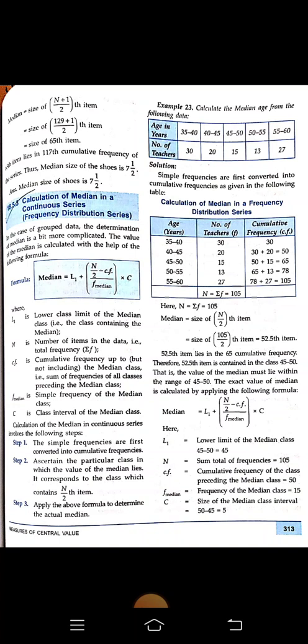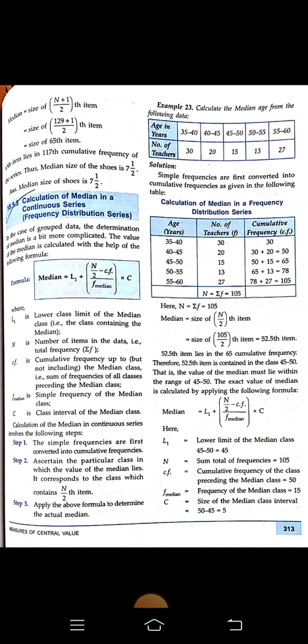You can see that. We are checking in the class interval range, 52.5, right? The 52.5th item is contained in the class of 45 to 50. That is, the value of the median must lie within the range 45 to 50.